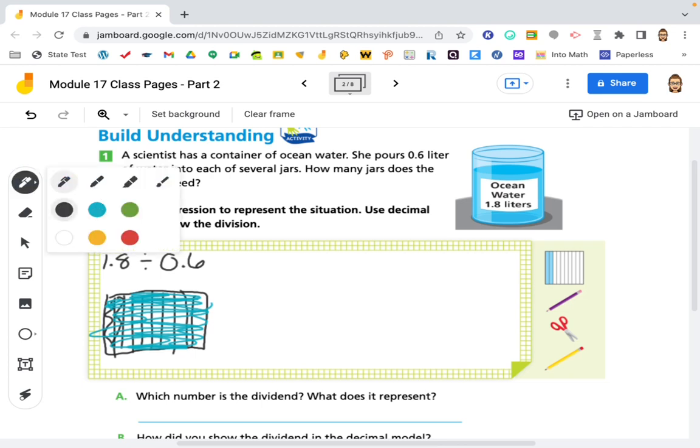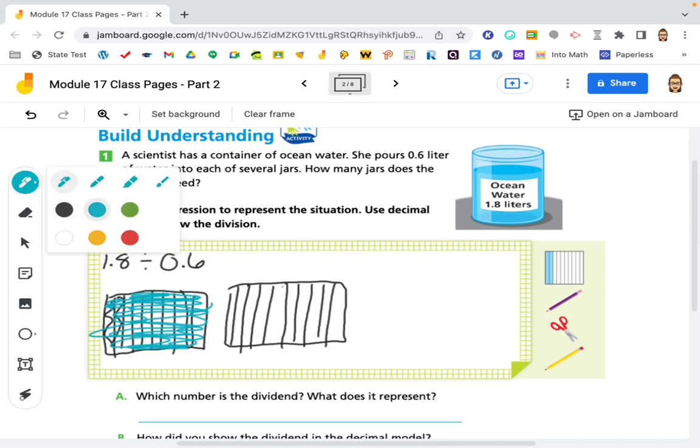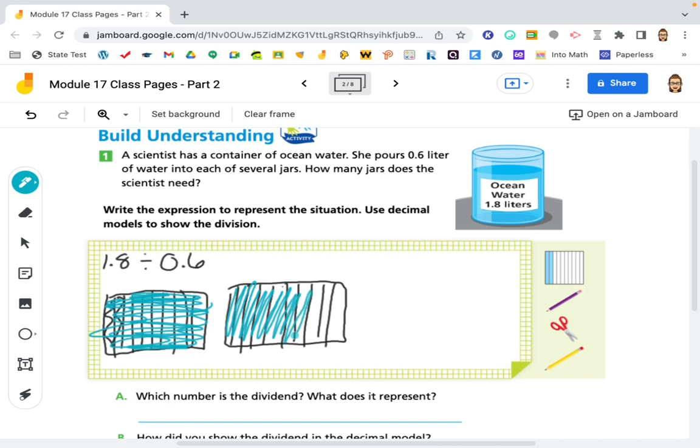And then we have another one because we have to finish the 8/10. And then we only need 8 of them. Like that.